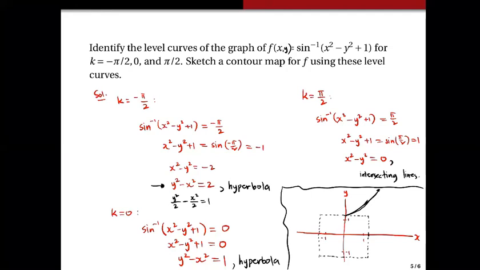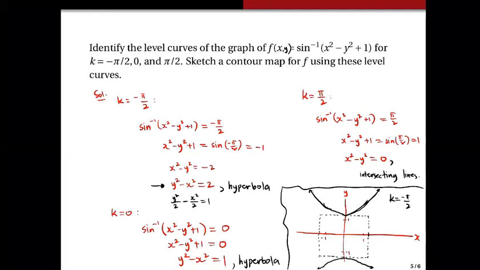So this is for your k equals pi over 2. And then the other guy is this, again like this. This is for your k equals negative pi over 2.